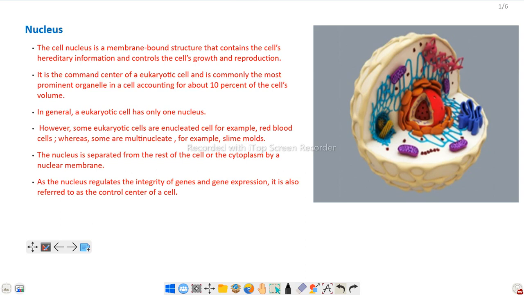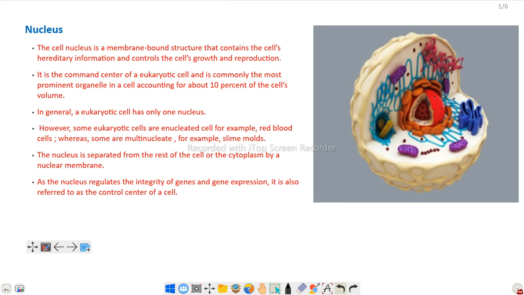In general, a eukaryotic cell has only one nucleus. However, some eukaryotic cells are enucleated, meaning they don't have a nucleus, like RBC.